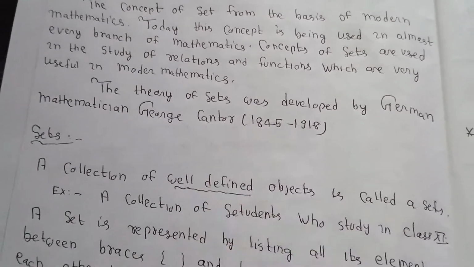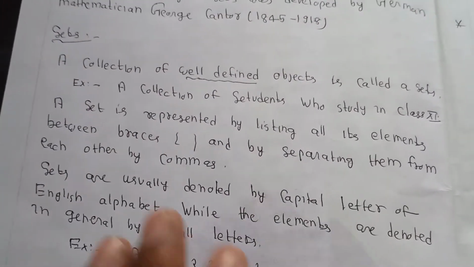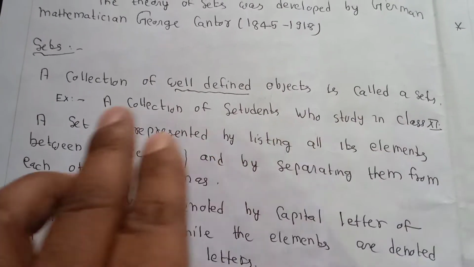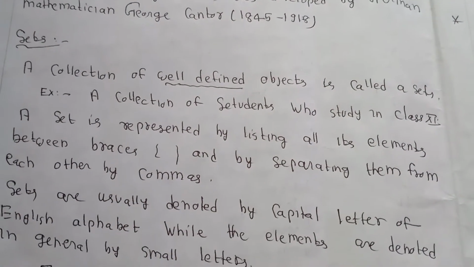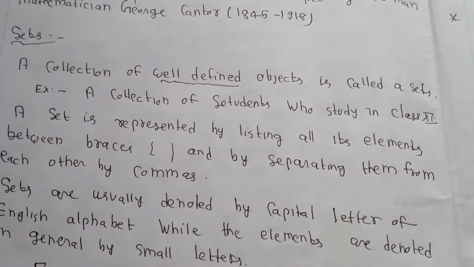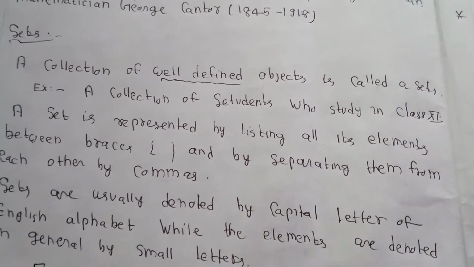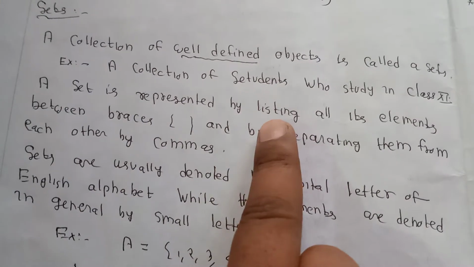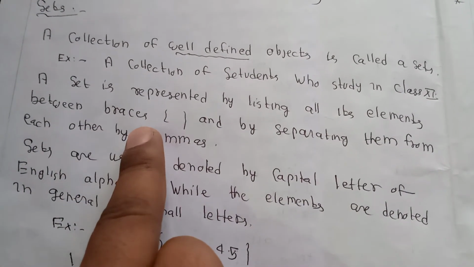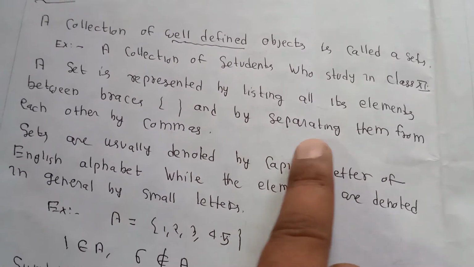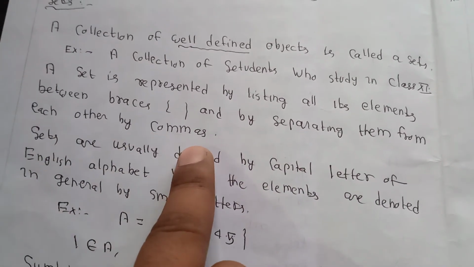Okay, now what is a set? A collection of well-defined objects is called a set. A collection of students who are studying in a class is a set. But if we say a collection of intelligent students, then this is not a set. A set is represented by listing all elements between braces and separating them from each other by commas.